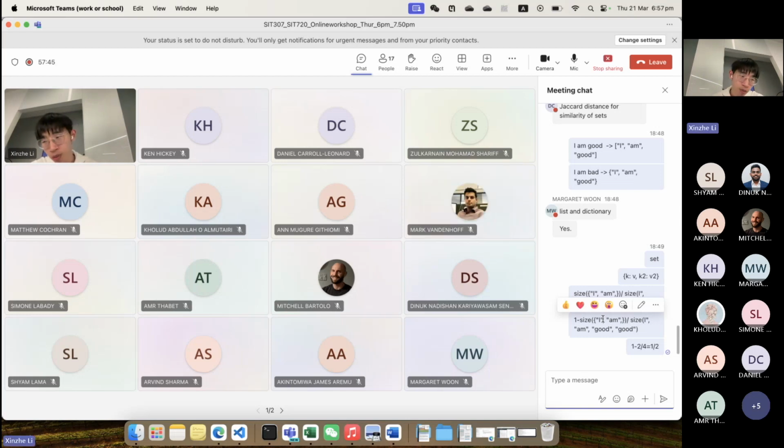Evaluation metrics. What is an evaluation metric? An evaluation metric is just one quantitative value to tell you if your model is good or bad.